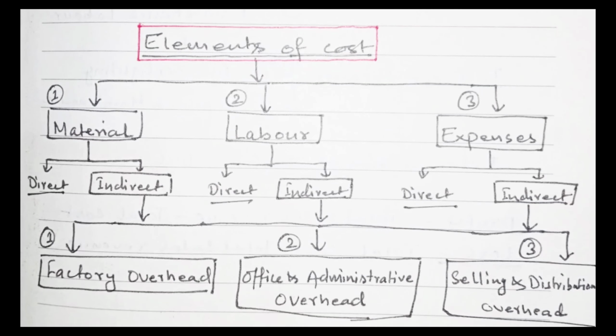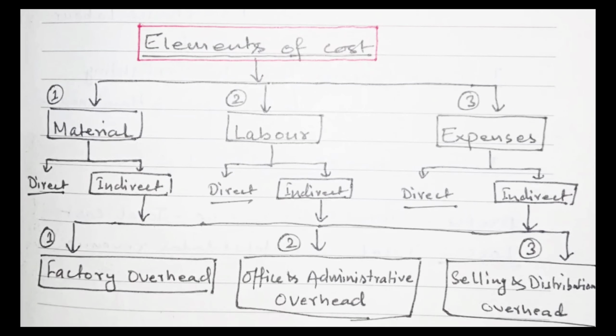Here indirect material, indirect labor, and indirect expenses are classified into three types again. They are factory overhead, office and administrative overhead, as well as selling and distribution overhead.